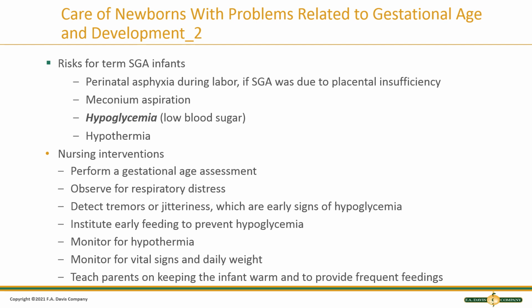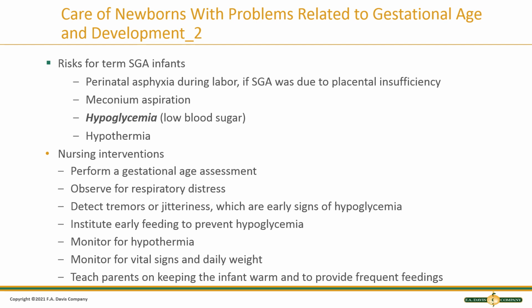Now, we as a nurse need to make sure we get that gestational age assessment done. We need to look for respiratory distress. We need to observe for hypoglycemia. These infants are very subject to have a low blood sugar. We want to make sure that we are feeding appropriately to prevent the hypoglycemia.